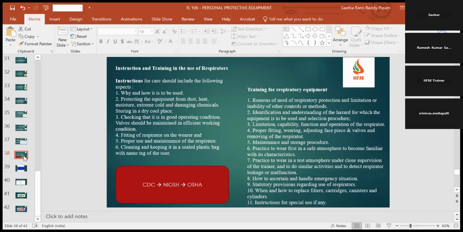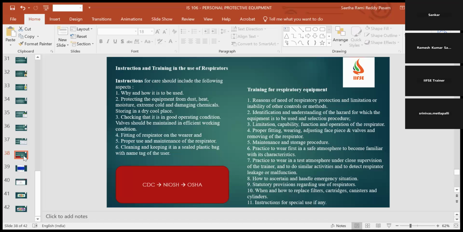So generally in the industries we have our own lockers, or cabins in restrooms. We can properly clean the mask and keep it in our locker instead of keeping it in an open workplace. These are a few instructions we have to give to each user, so that they can use it properly and it can give a longer life.